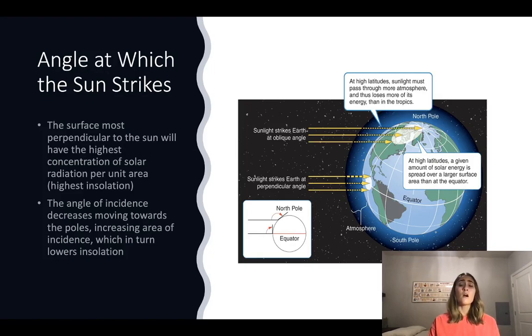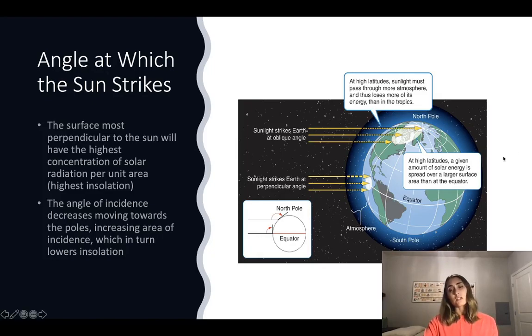So even though our planet does have a tilt to it, for the most part, sunlight is always hitting either just above or just below or just at the equator the most directly, or at a perfect perpendicular angle. And so that portion of our planet is generally much warmer because it receives a much more concentrated portion of light. Whereas the higher up you go, the amount of solar energy hits at a much different angle.